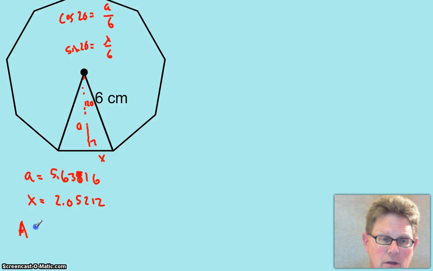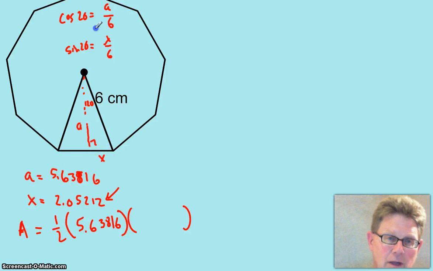The area equals 1/2 times the apothem times the perimeter. This is half of one side. So to make it a whole side, multiply by 2 and then multiply by 9, or just take that and multiply by 18.